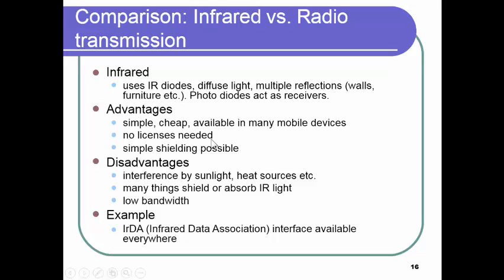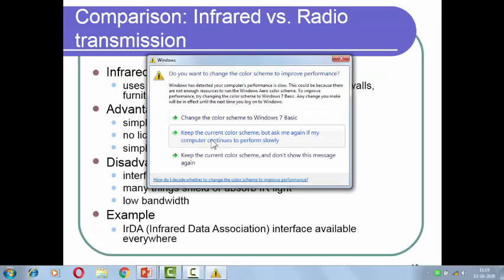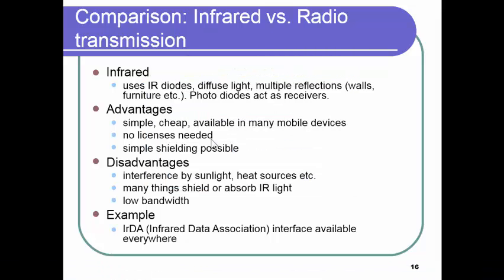Then many things shield or absorb IR light. So special shielding on the infrared devices, light source and photodiodes is required. Then there is limited bandwidth, up to a few kbps of speed, that we are getting with this particular infrared based wireless communication scheme.